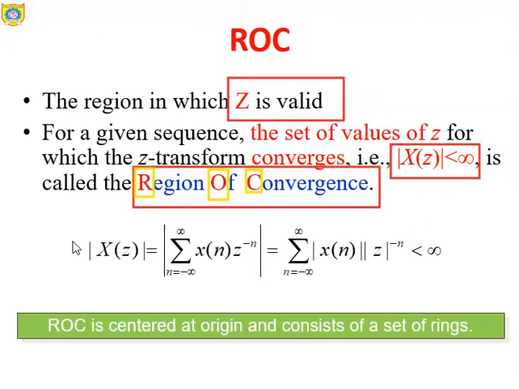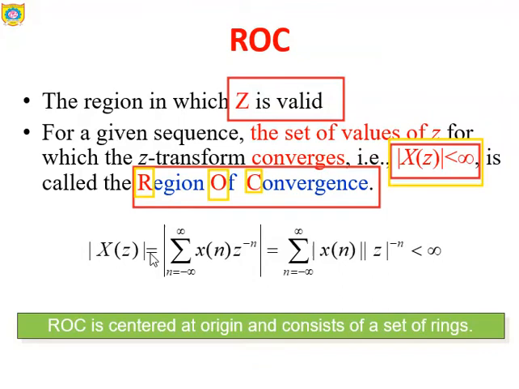Now, in order to obey these properties of convergence, the next part is quite important, which is correlated with the definition of the Z transform. So X of z is nothing but summation x of n z raised to minus n, with the summation ranging from minus infinity to plus infinity. Take the mod on both sides, because of the condition mod of X of z less than infinity.